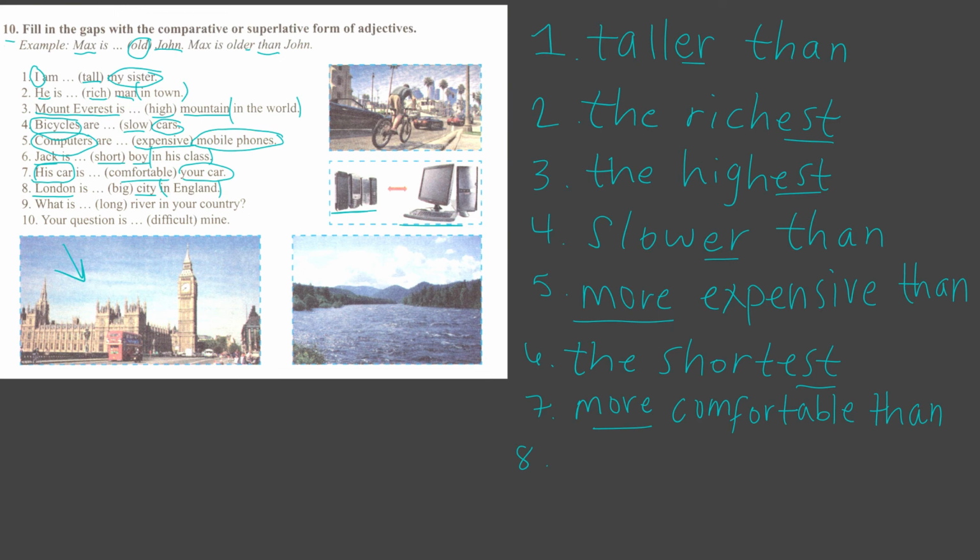So, because this is a superlative sentence, we can say London is the biggest city in England. And this one has a double G. And because big is a short adjective, we add est at the end.